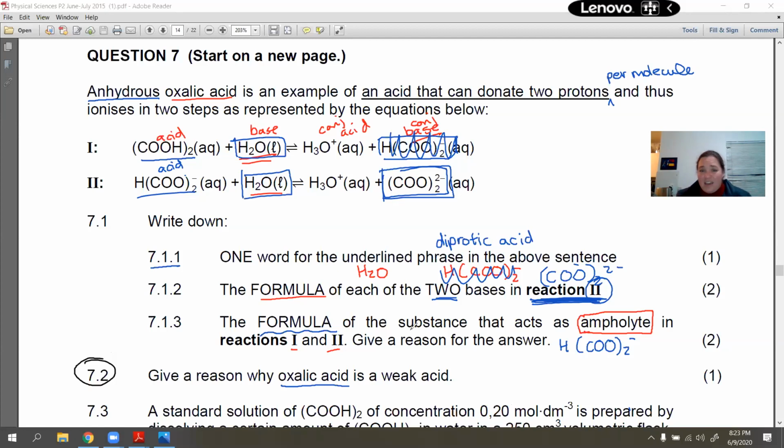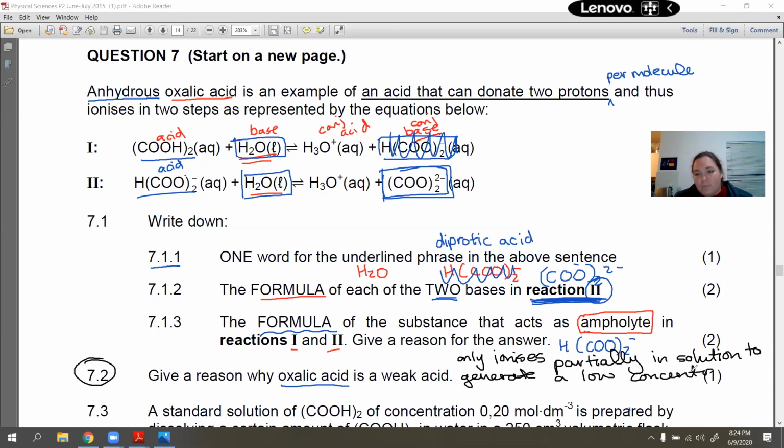In order to say it's a weak acid, you can simply say that it only ionizes partially in solution to generate a low concentration of H3O+. So your definition, I probably shouldn't put the brackets around there because I've already said the word concentration, but that is your explanation.